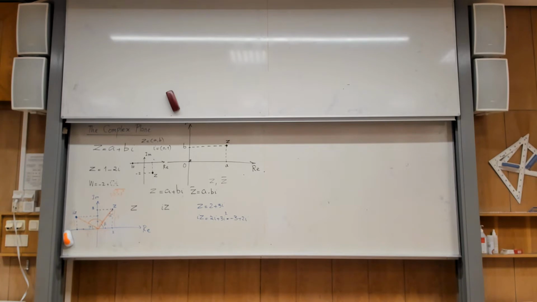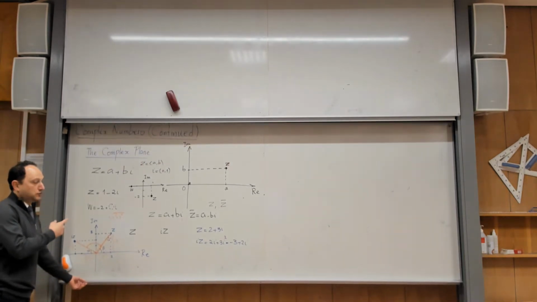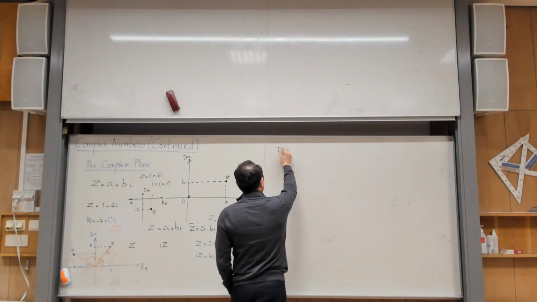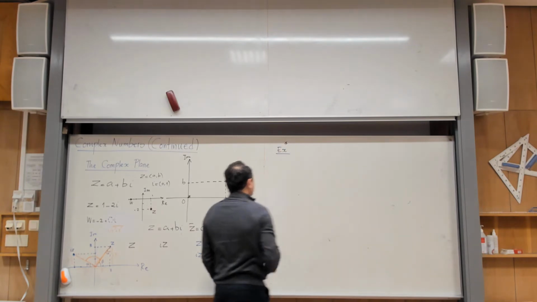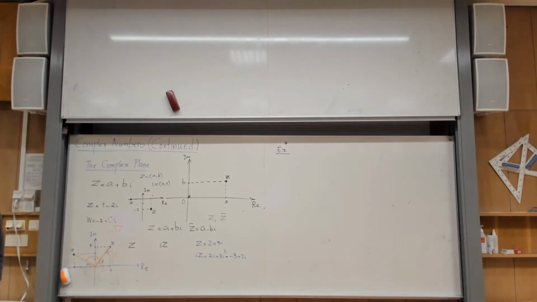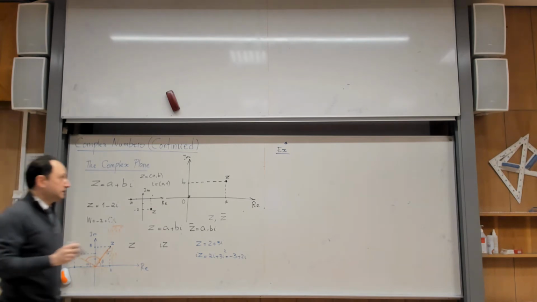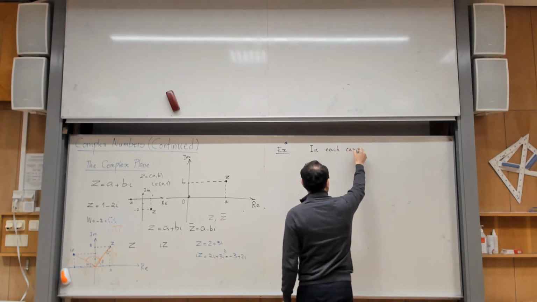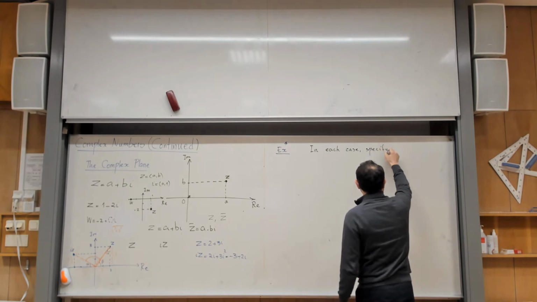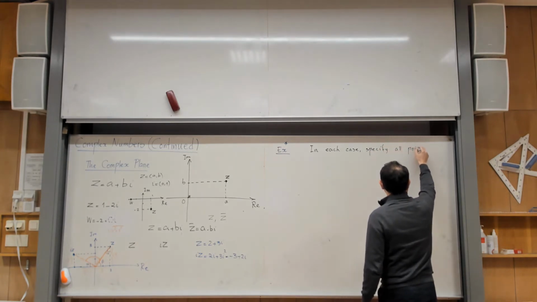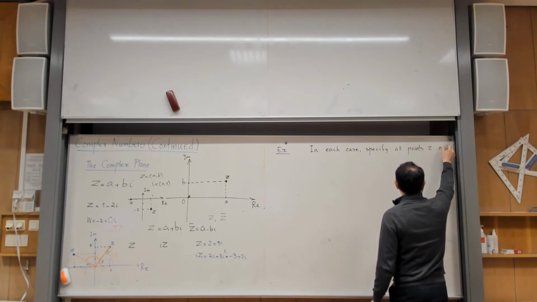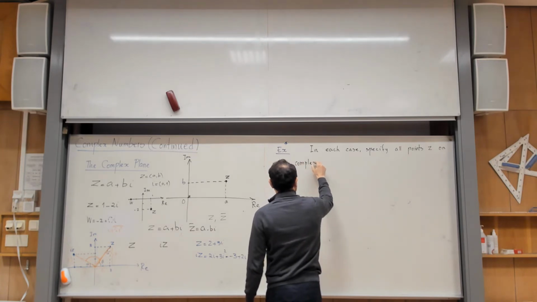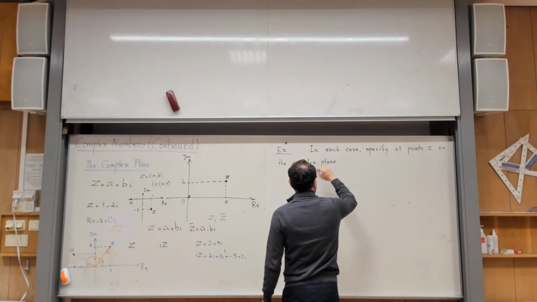Okay, so these kinds of questions that I want to mention here are important for this complex plane. So let me write an example. This is important, okay? They ask you these types of questions. In each case, specify all points z on the complex plane with a given property.